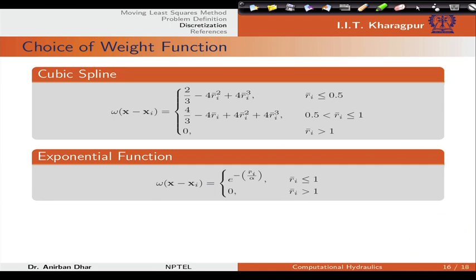That means at point of interest this is equal to 1, e to the power 0 equals to 1, and then exponentially decaying value.